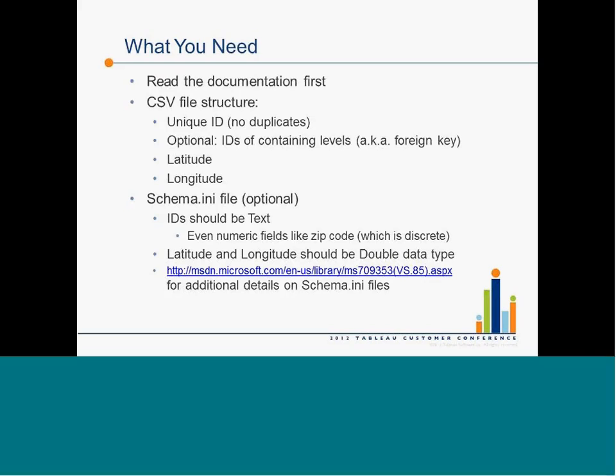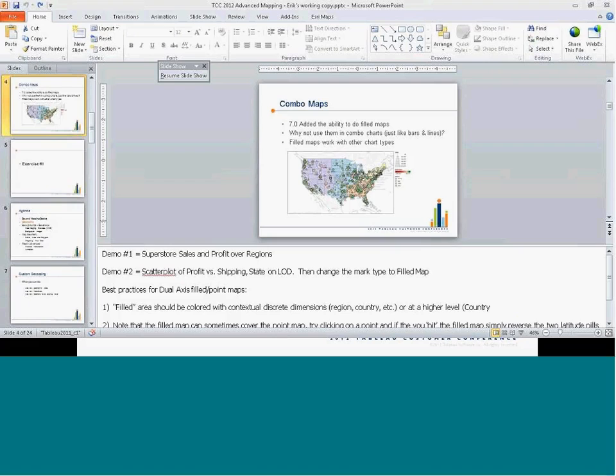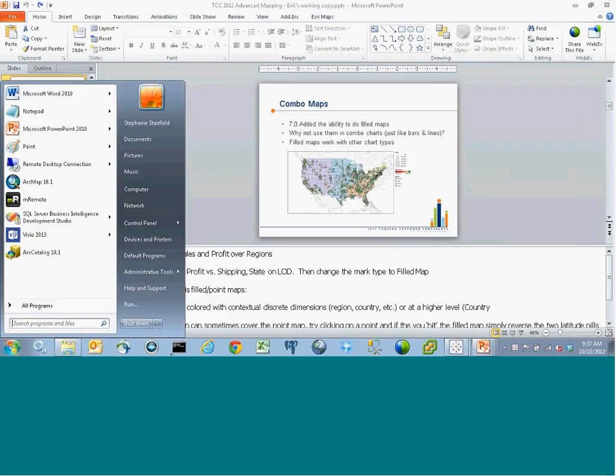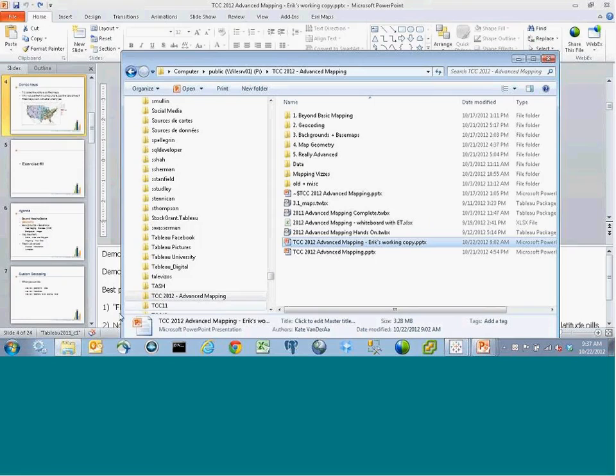That's actually a Microsoft file that will help define the data types within a file to make sure that numbers are numbers and text is text. There are resources online at Microsoft's website that you can make use of to dig a little deeper into that. So let's show you an example of a schema.ini file here.